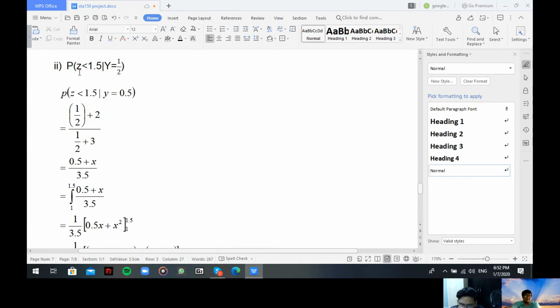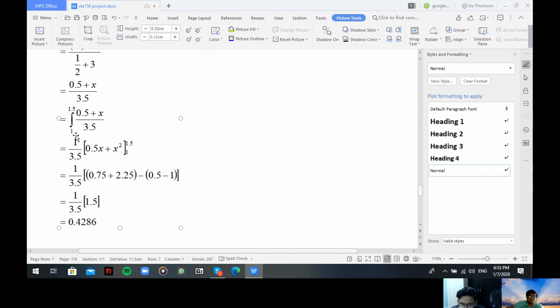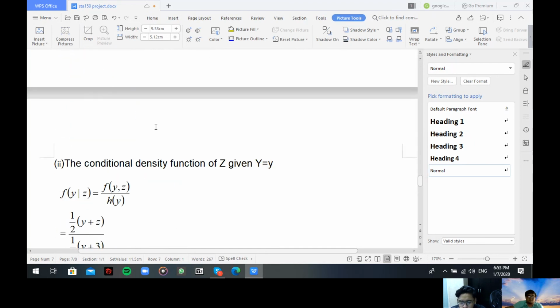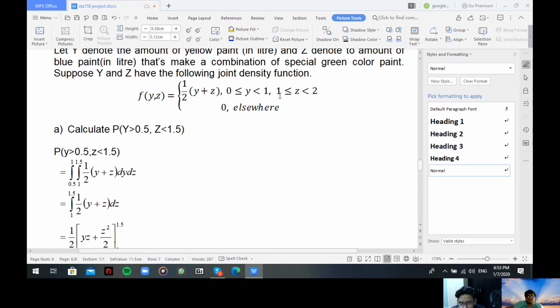Okay, then for Z, the range is 1.5, which is Z is less than 1.5. So the maximum value of Z is 1.5. So I need to integrate from 1 to 1.5, because the question says Z minimum must be 1.